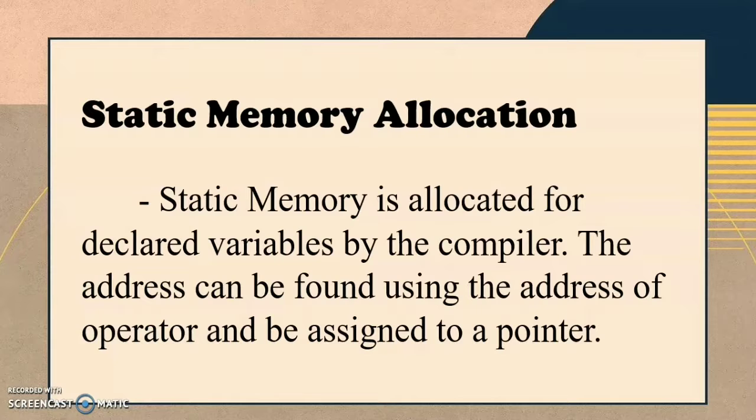Static memory allocation. Static memory is allocated for declared variables by the compiler. The address can be found using the address-of operator and can be assigned to a pointer. The memory is allocated during compile time.